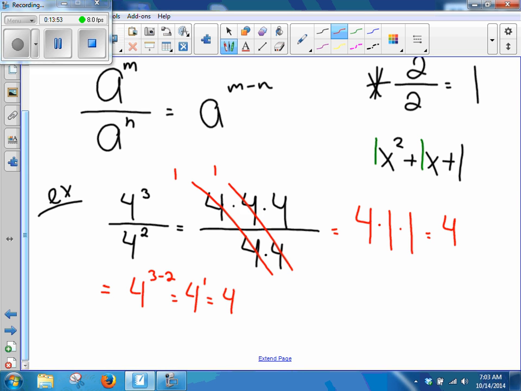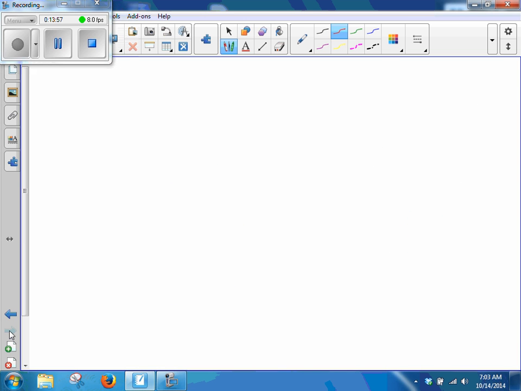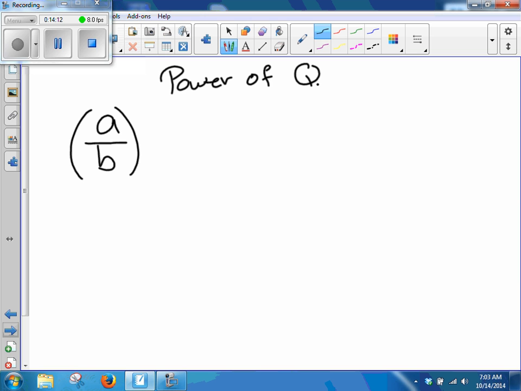All right, and one last one before we go back to the zero property is the power of the quotient. You're taking some division problem, A divided by B, whatever this may be, and you're raising it to a power.